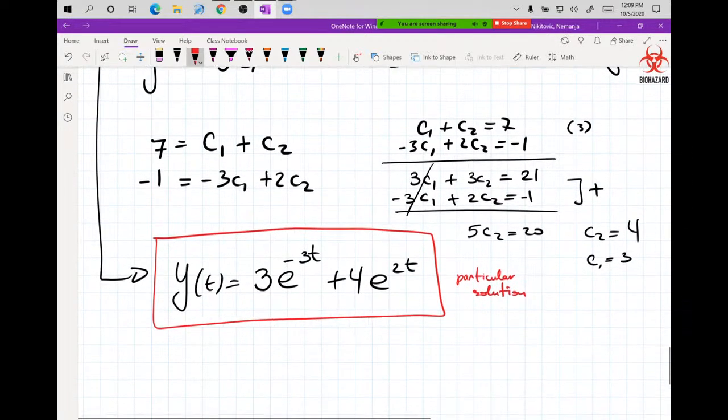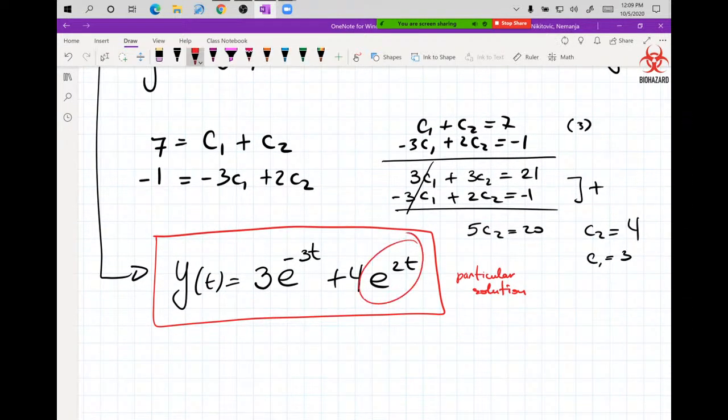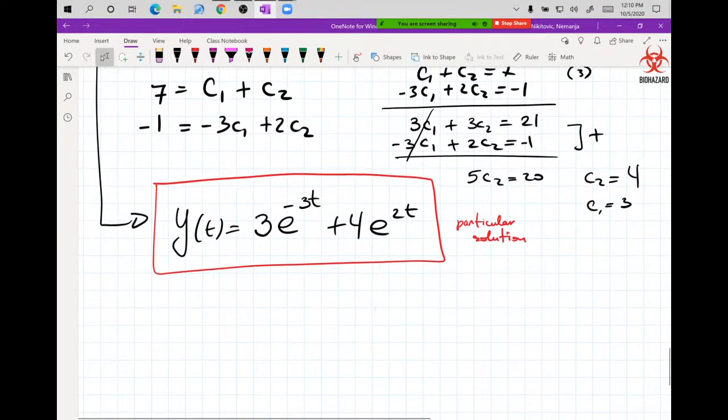Now, I hope that some of you had e to the 2t first. You still got 4, right? Even when the term was here, you still got 4 to be its coefficient. So it doesn't matter where you put 2 or where you put negative 3. For this problem, the 4 will always go with 2 and 3 will always go with negative 3, no matter which way you put these together.